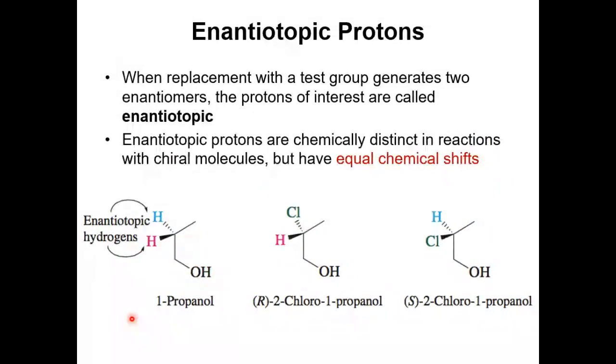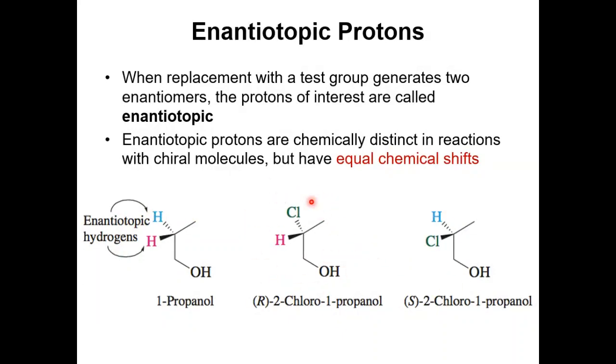Now, in some cases, let's say you look at 1-propanol. You have the blue hydrogen and the red hydrogen. If you're not sure whether they are chemically equivalent or not, we can do the same thing. We can use a chlorine atom, which we don't already have in the molecule, to replace the blue hydrogen.